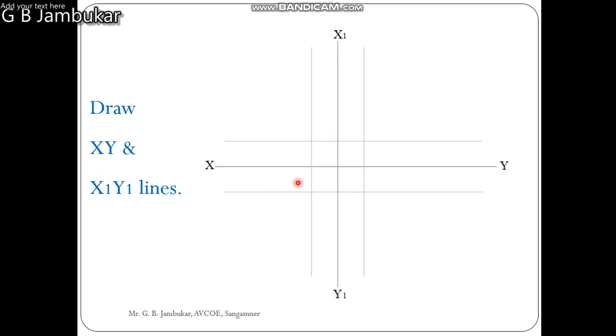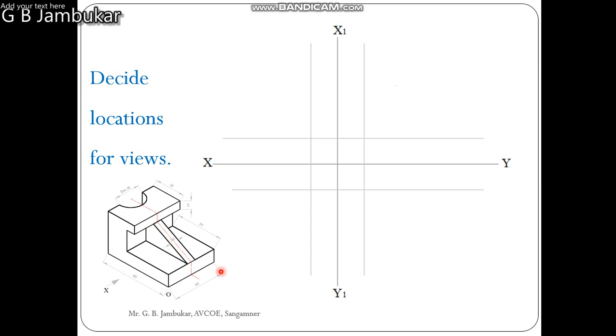Draw the xy line, x1 y1 line as discussed in the previous problem, then decide the location of this object. Again we have to draw the front view, right hand side view and top view. Here the right hand side view is to be drawn on the left side of the front view. So this is the place for right hand side view, then front view and top view.